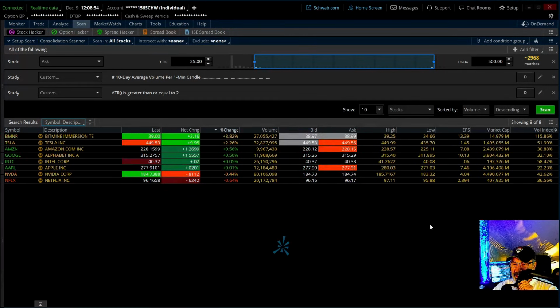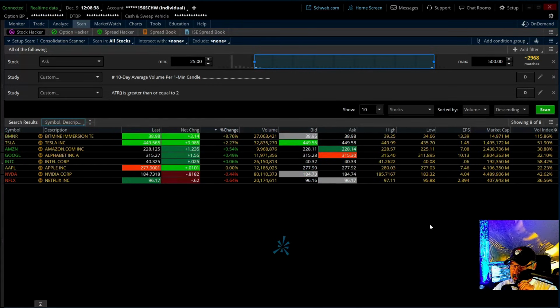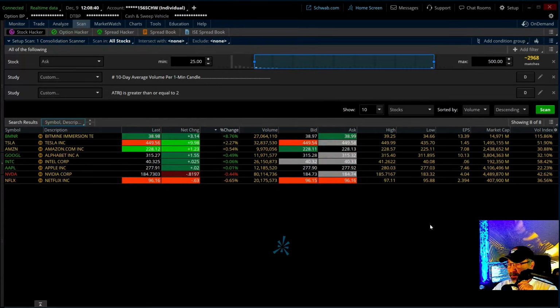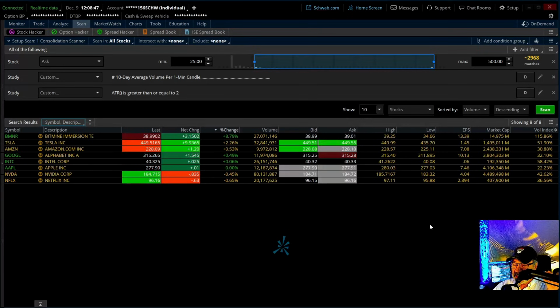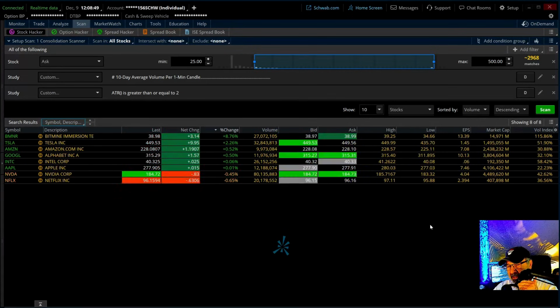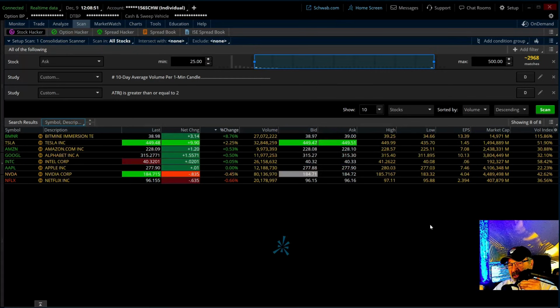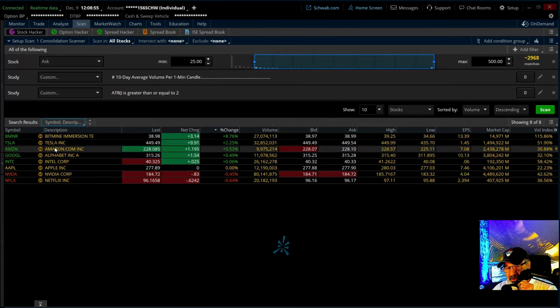So in other words, you're getting a lot of volume in 1 minute. If you trade on a 1 minute chart, that's really important for you, that it's moving a lot so that you have opportunities. This is also set for an ATR over $2. But the main thing is the coding that makes sure you're getting that kind of volume. So when we scanned, you had all these stocks come up.